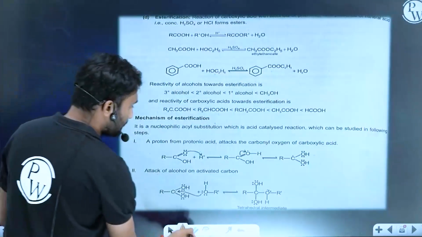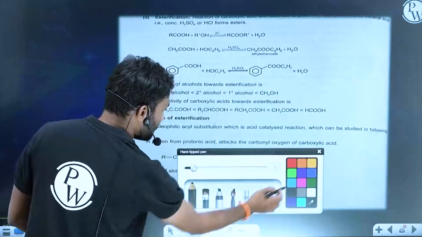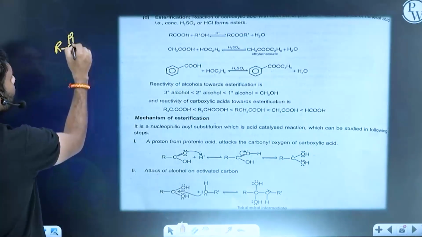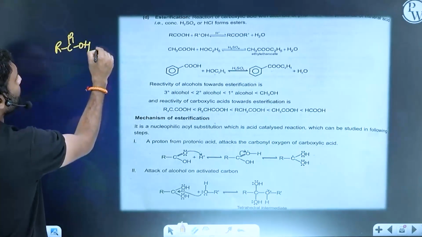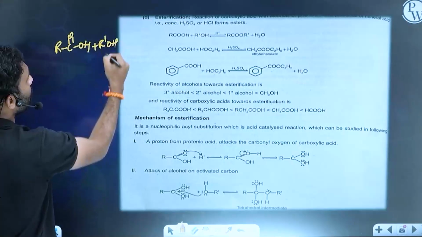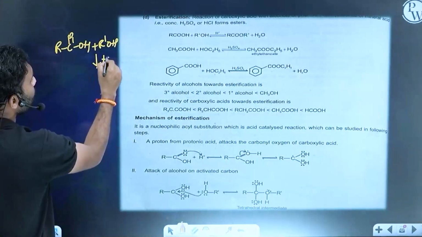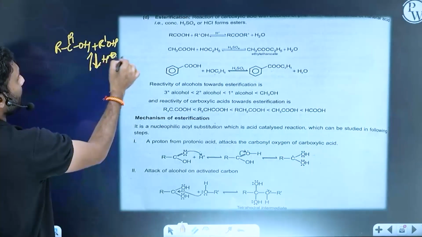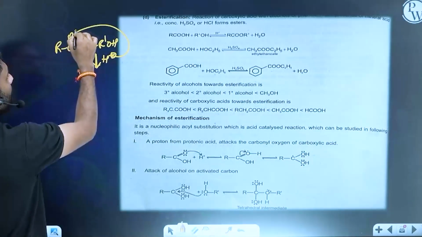Now next, esterification. It is nothing complicated. Here first we have the carboxylic acid. In the presence of alcohol and H plus, the acid H plus is attacked by the oxygen lone pair.